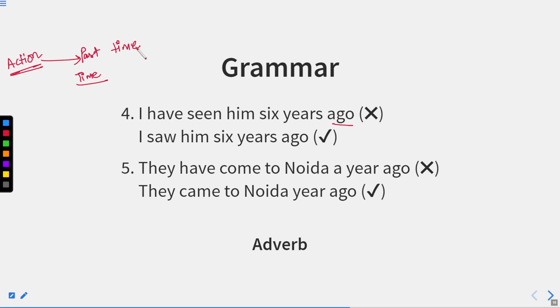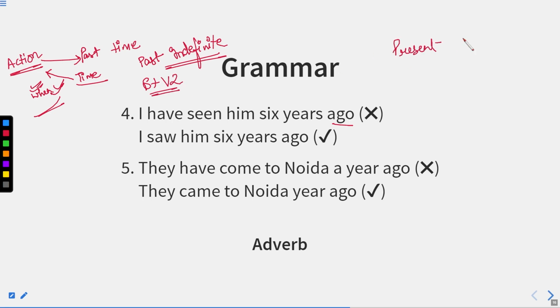So when we know the time of action, we write this in past indefinite tense only, and not the present perfect tense. That is, we use subject plus verb second form instead of present perfect tense.